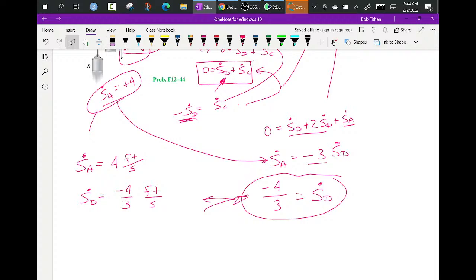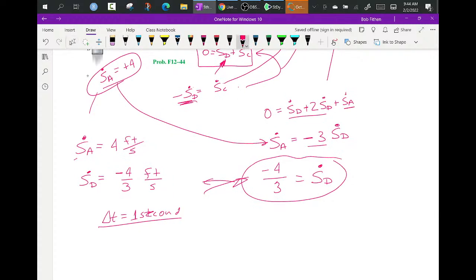And if it moved 4 feet and he didn't tell you how long it took to do it, why don't you just assume delta T equals 1 second? So if it took 1 second, then SA would be SA dot times the delta T. So it's 4 feet per second, and it took 1 second.